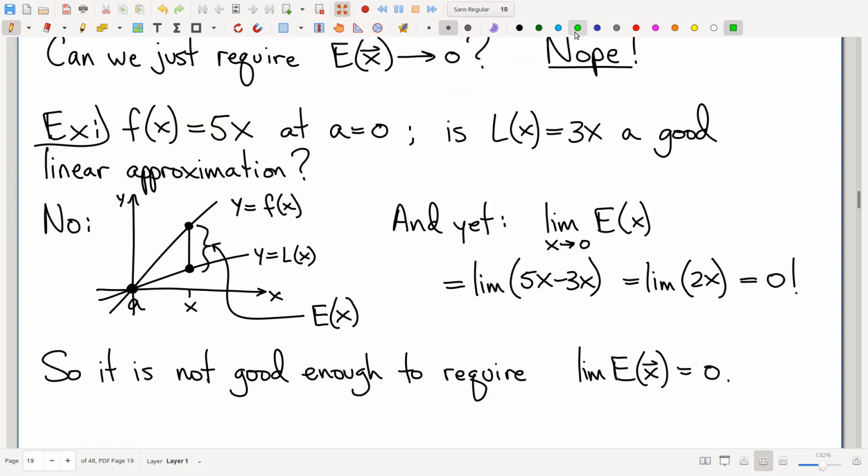If I want to do a linear approximation of this function, is this a good linear approximation? No, come on, get out of town. That's ridiculous. Look at that. That's not even going the right direction. And yet, the error, how far I am off, is approaching 0. Okay, so vanishing error, not gonna cut it, not good enough.